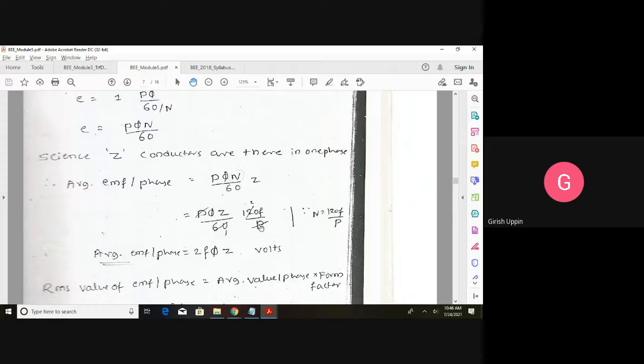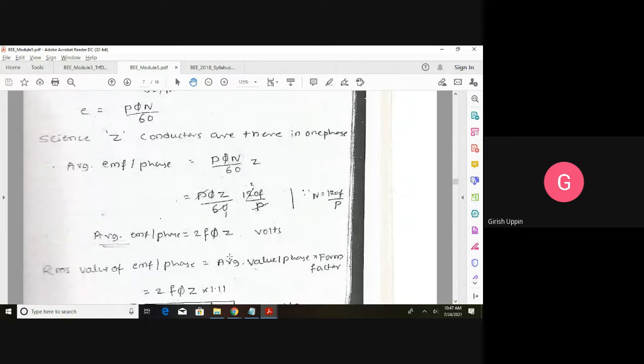The P will get cancelled, and 60 ones are 60, 2 is 120. So finally we get 2FφZ, where F is the supply frequency, φ is the flux per pole, and Z is the number of conductors per phase.